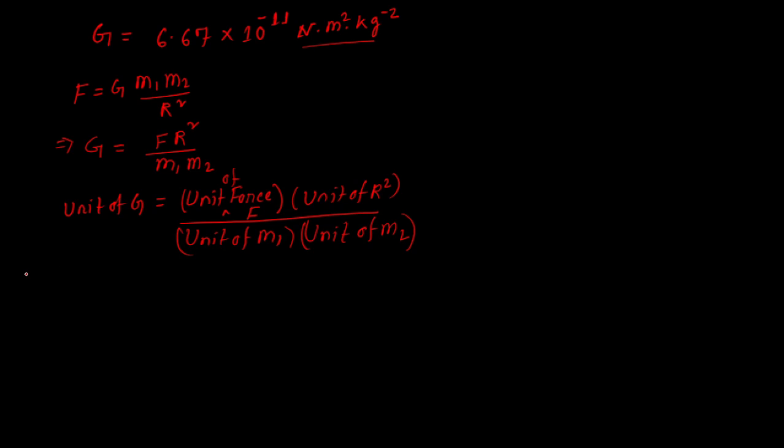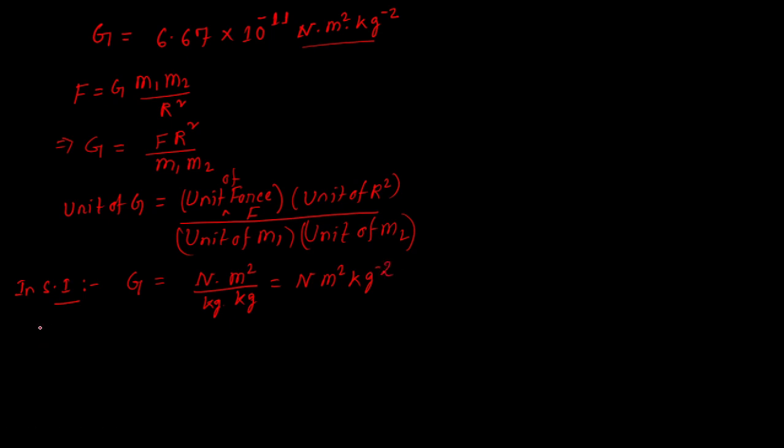Then in the SI system, what do we get? Force is Newton, r is a distance so it's meter square, upon the unit of m1, which is kg, and similarly the unit of m2 is kg. So this simplifies to Newton meter square kg to the power minus 2.